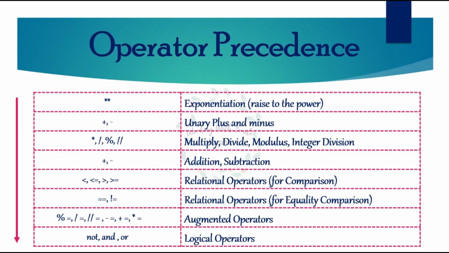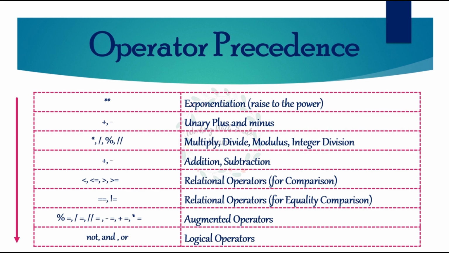Now that you have gained knowledge of all the operators available in Python, let's understand how these operators are evaluated when they come together in an expression. Here is the operator precedence from highest to lowest. First priority is given to the exponential operator, then unary plus and minus, then all the multiplication and division operators, then addition and subtraction.